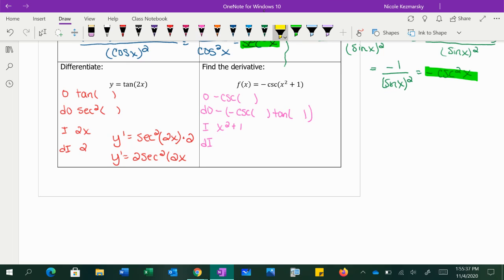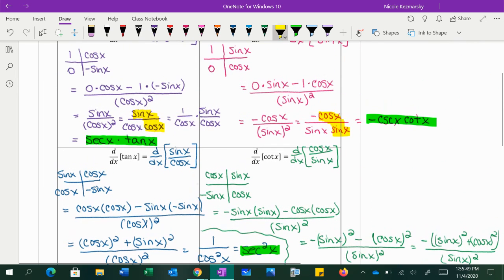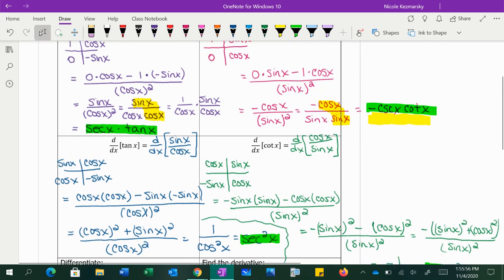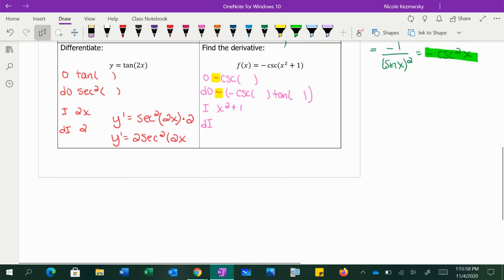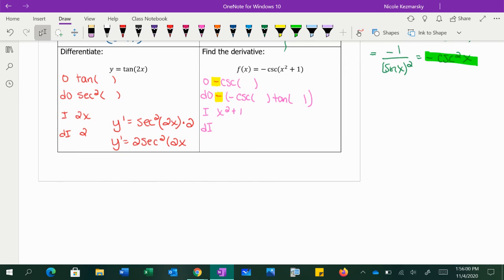So this negative that's out front here is the negative that came with the problem. The negative that's inside the parentheses is the negative that comes with the derivative rule that's up here that I'm underlining again in yellow. Your derivative has 2 spots for an x. So you're going to need to put 2 spots for your inner function. And then the derivative of the inner is 2x.